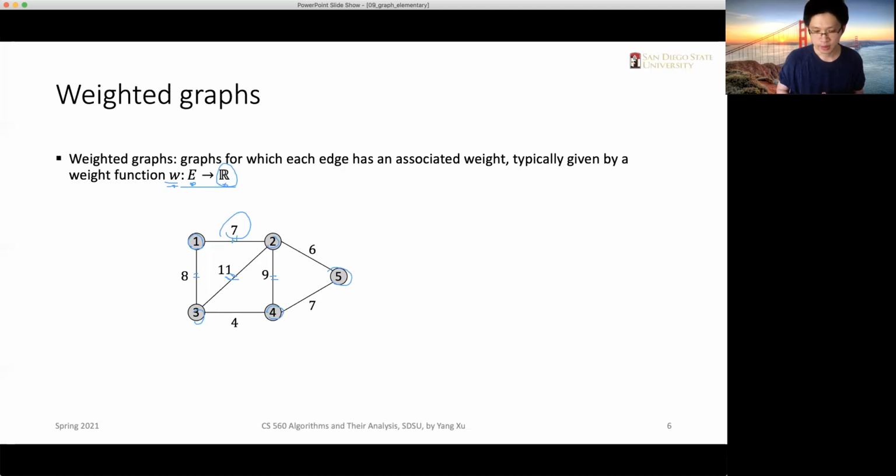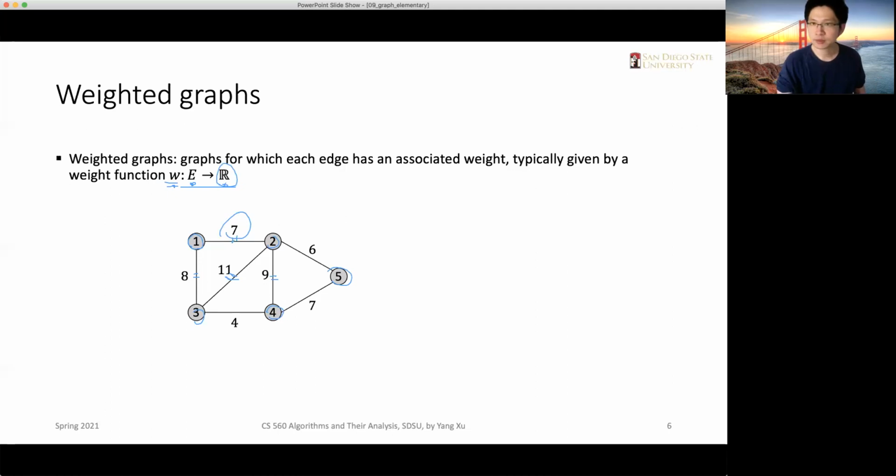Say, if we describe a map of flight routes between airports, and it's the flying time that we want to describe using the weights, then it is impossible to be negative, right?